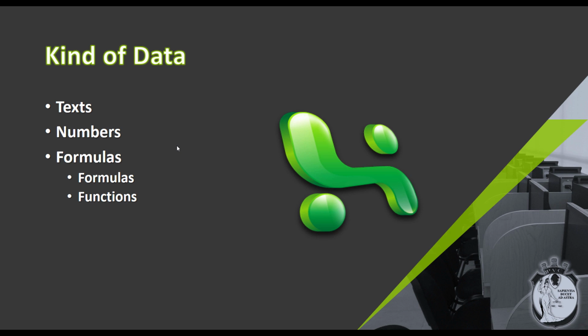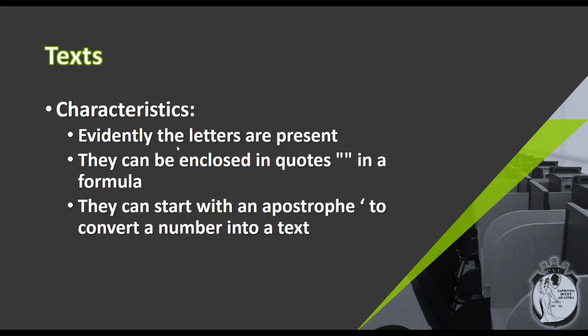The kinds of data used in Excel. There are three: text, numbers, and formulas, and the formulas include formulas and functions. Well, the text. What is a text?